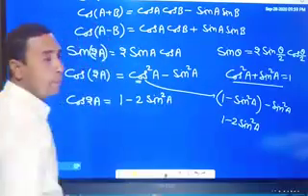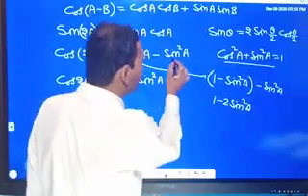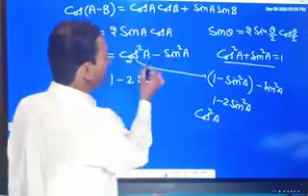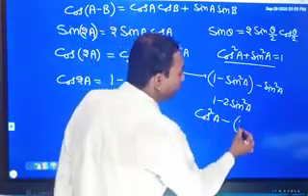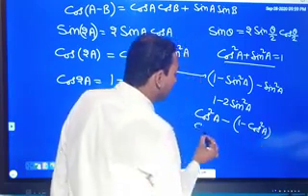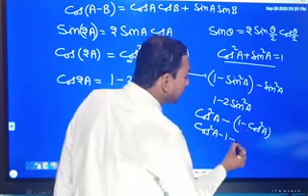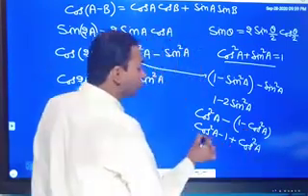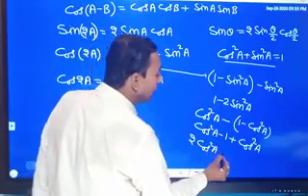Now in this formula, we have cos square A minus sin square A, and sin square A is 1 minus cos square A. Then it is cos square A minus 1 plus cos square A, which becomes 2 cos square A minus 1.